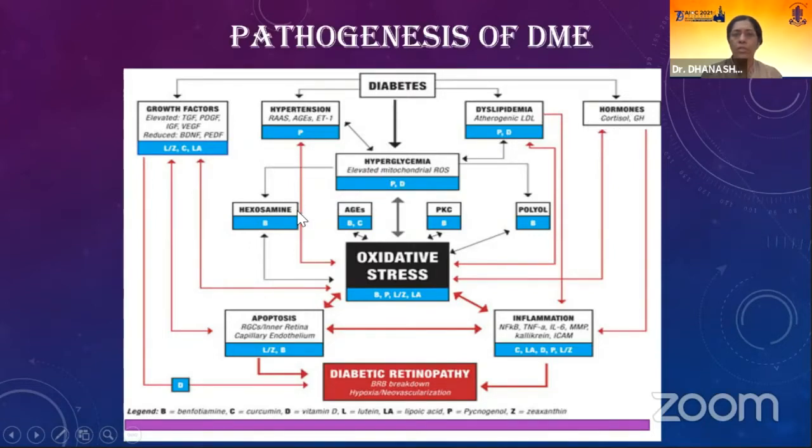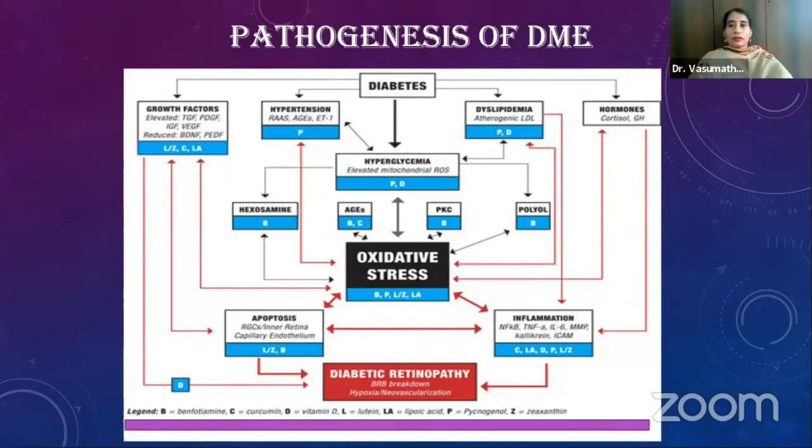When the glucose is metabolized through these pathways, it leads to oxidative stress. This oxidative stress leads to apoptosis of the retinal ganglion cells and damage to the retinal capillary endothelium. It also produces a lot of inflammatory factors, and these inflammatory factors lead to breakdown of the blood retinal barrier and eventually formation of diabetic retinopathy.